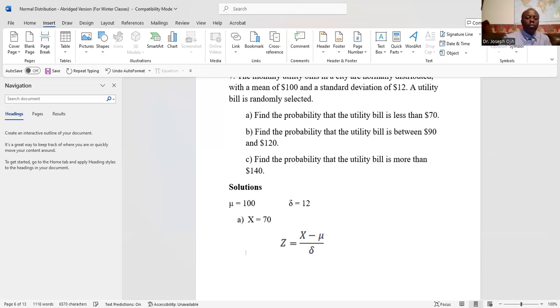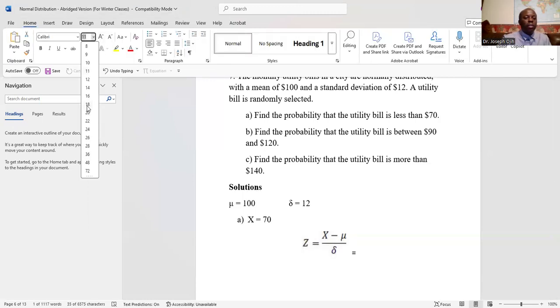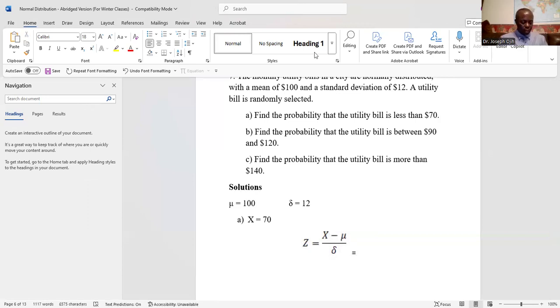Z equals X minus mean divided by standard deviation, which equals 70 minus 100, because the mean is 100, divided by the standard deviation of 12.